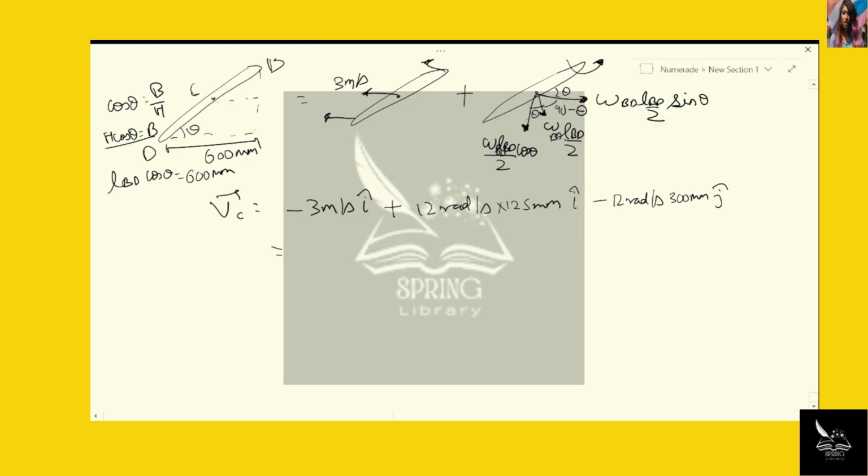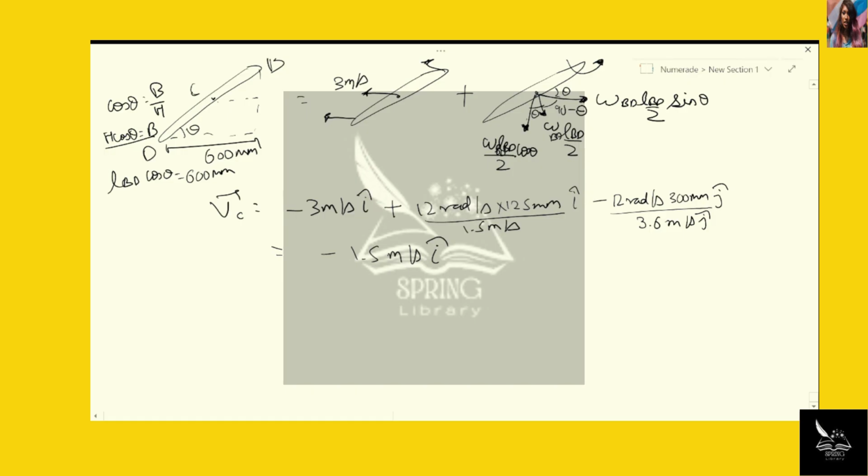After the 5 there will be decimal point, and then there will be 1 on the left of the decimal. So this value is going to be 1.5. So this is 1.5 meters per second. So minus 3 plus 1.5, so you are left with minus 1.5 meters per second i. And then this value 300 millimeters is 0.3, so it's minus 3.6 meters per second j.